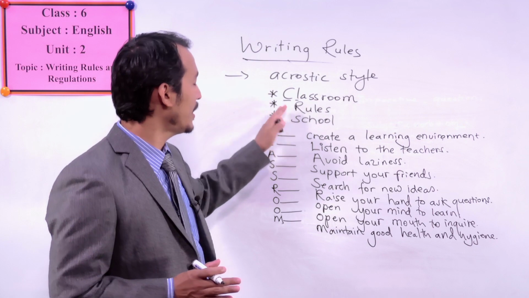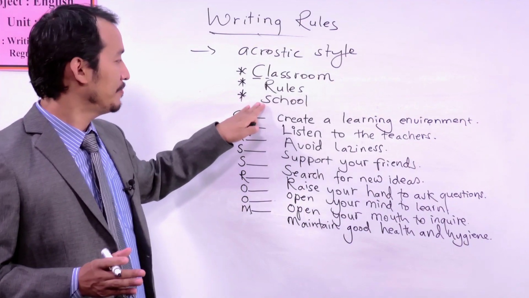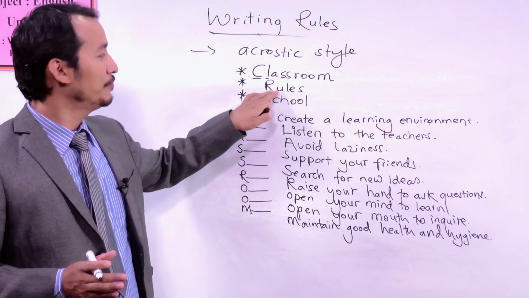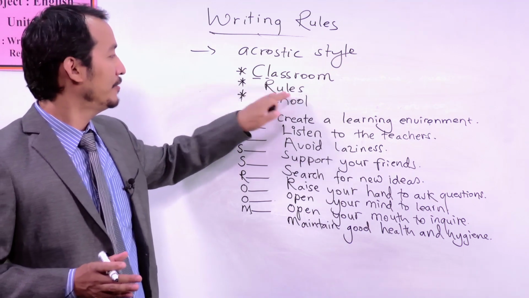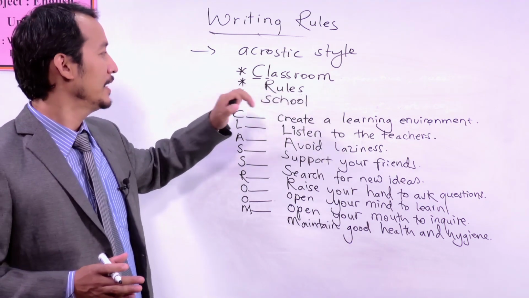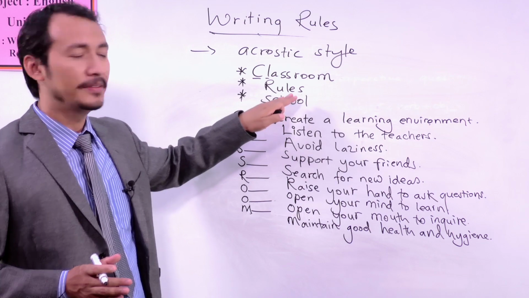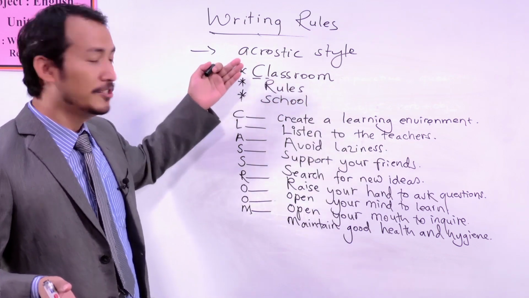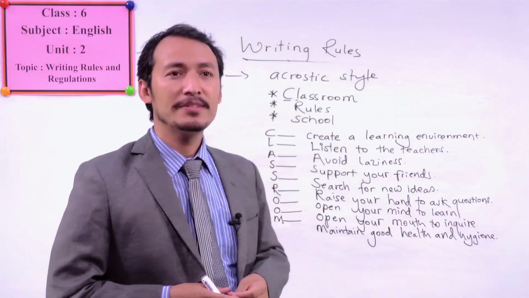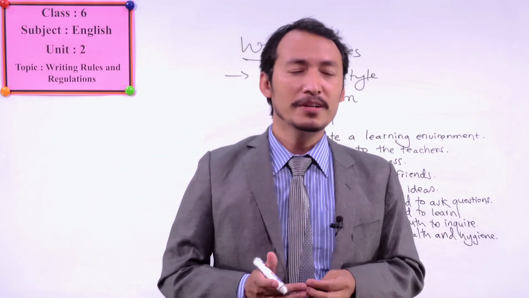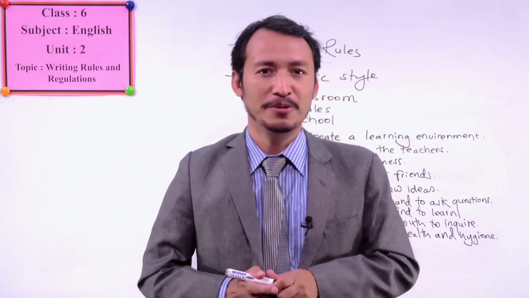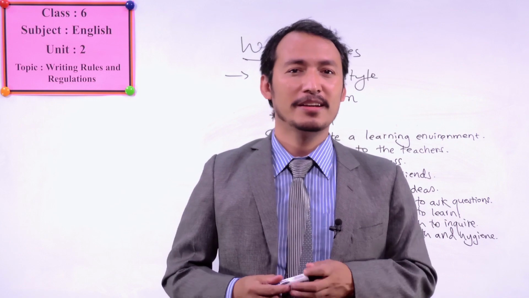R for raise your hands, S for support your friends, U for understand others, L for listen to teachers, E for, what, you can say enjoy reading or enjoy classrooms, and so on. So these can help you to write the classroom rules.